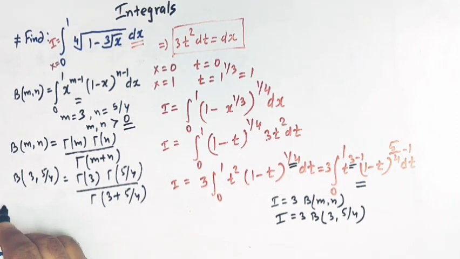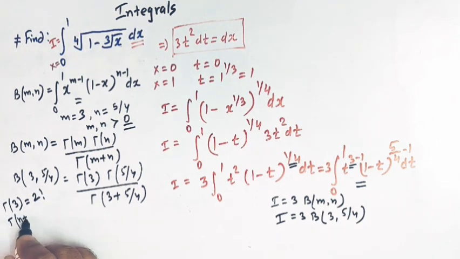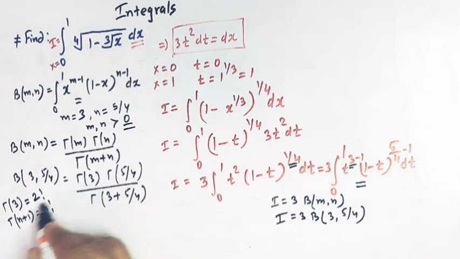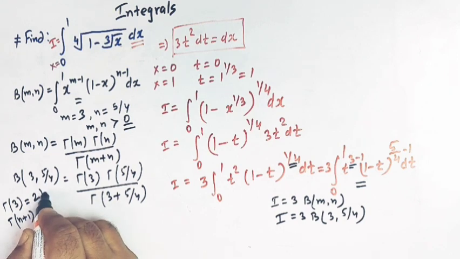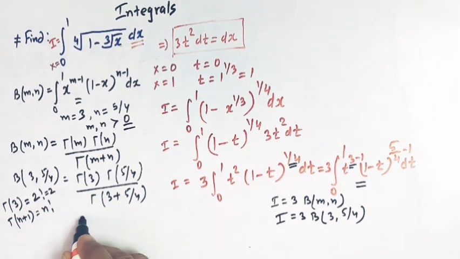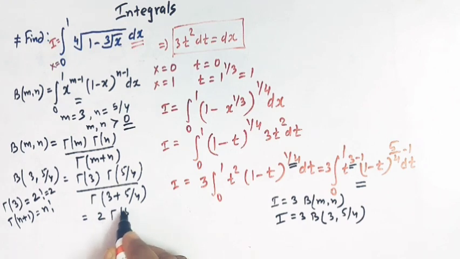So now we know that gamma of 3 is equal to 2 factorial, because we know that gamma of n plus 1 is equal to n factorial, right? So here gamma 3 is equal to 2 factorial, which is simply equal to 2. So we have here 2 times gamma of 5 by 4, and here we have 4 3s are 12, 12 plus 5, 17 over 4, right?